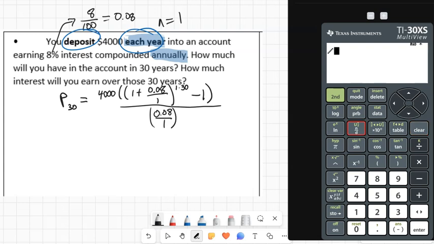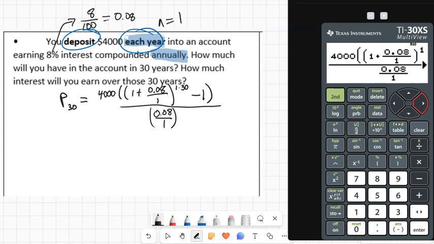So it would be a fraction. Let's go to the math print mode. Fraction, 4,000, parenthesis, double parenthesis, 1 plus 0.08 fraction over 1, parenthesis, exponent, 1 times 30, parenthesis, oh, I forgot the minus 1, parenthesis, denominator is a fraction, 0.08 over 1.